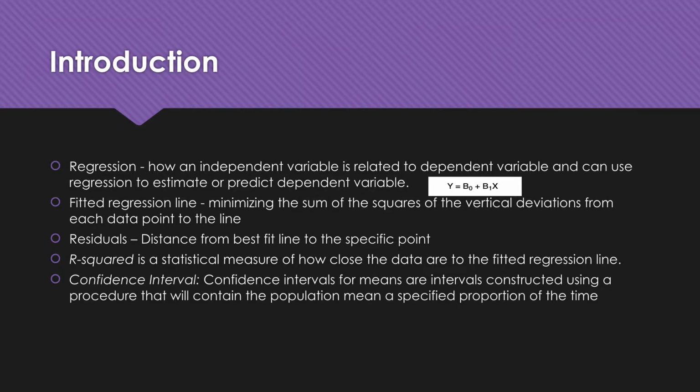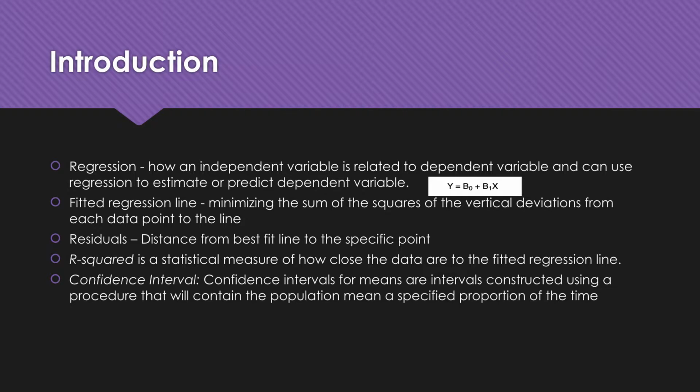In simple terms, if you have the best fit line, the distance from the line to a specific point is called a residual. If you minimize the sum of the squares of the residuals, you draw a regression line according to that. That's called the fitted regression line.